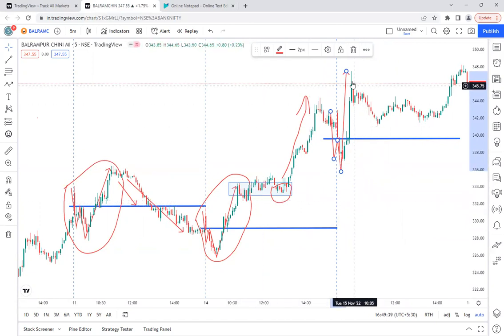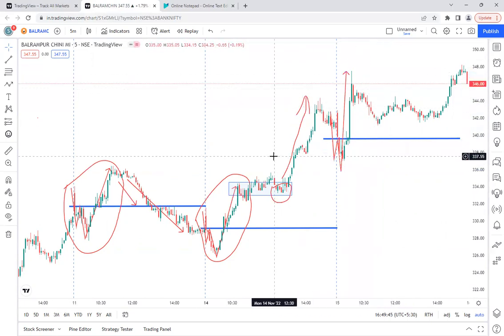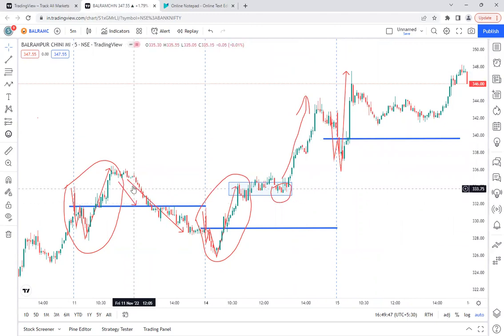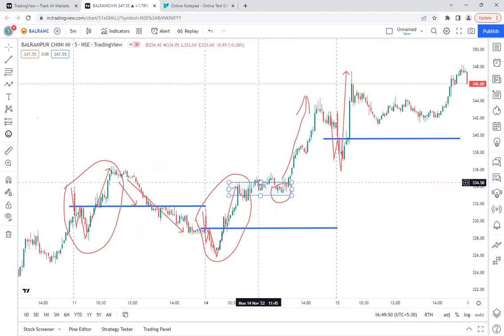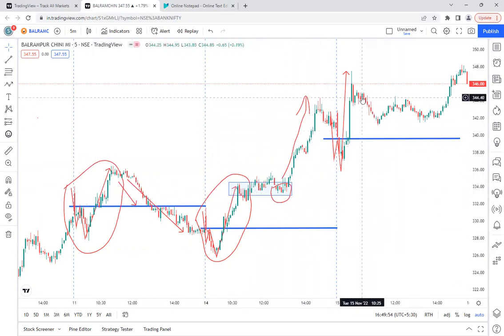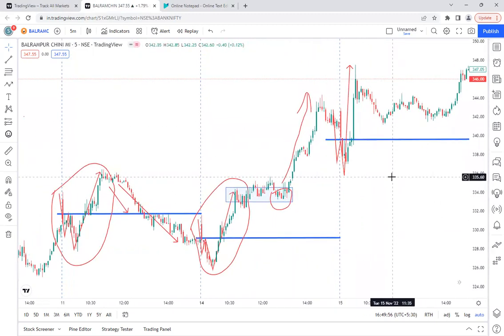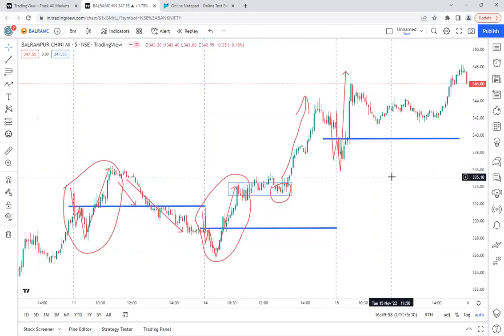And what will the traders be thinking at this point? What will they be doing? They gave an opposite move of 11th November on the 14th, and it will be opposite to 14th November, so it will be coming down. Here they made a big plan change.